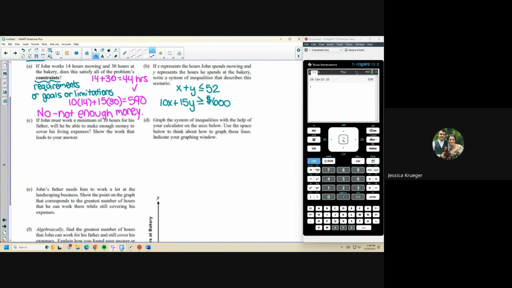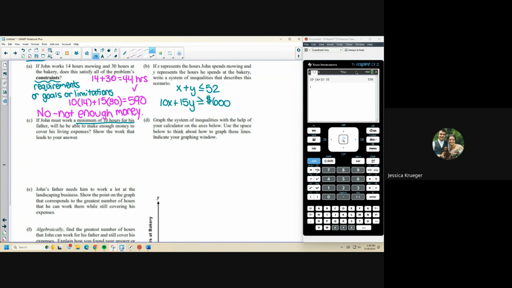Part C says if John must work a minimum of 10 hours for his father, will he be able to make enough money to cover his living expenses? So, minimum of 10 hours for his father in the landscaping company, and that's where he earns the least amount of money.